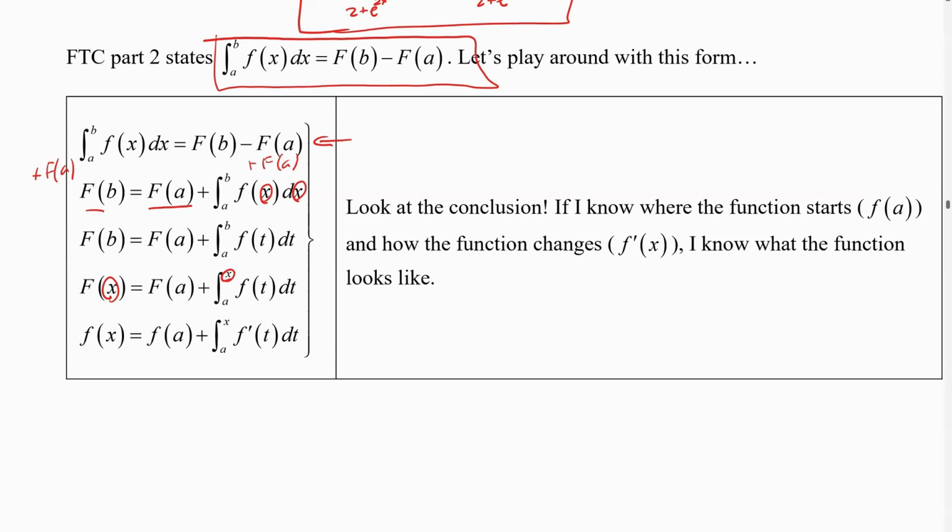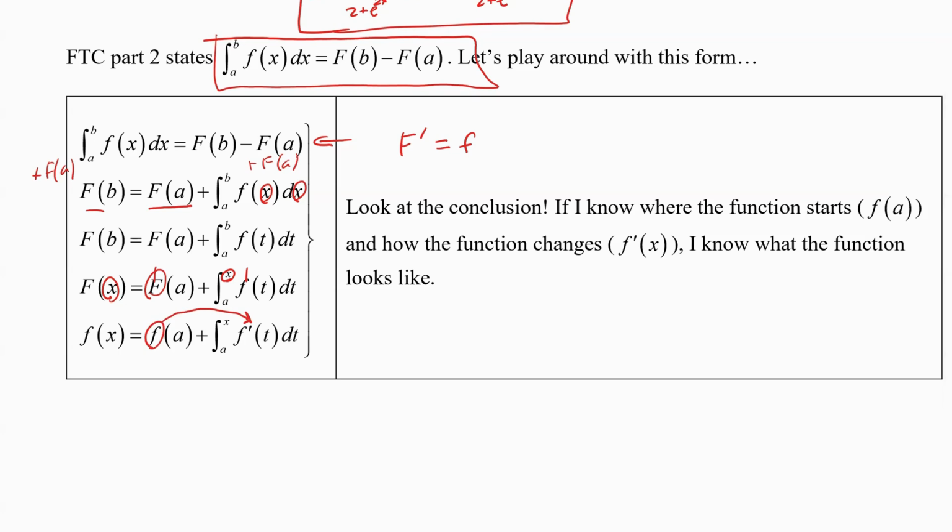No problem there. Lastly, the relationship between big F and little f is that big F prime is equal to little f. If I took the derivative of this, I get that. So as long as I have that relationship, I'm good.